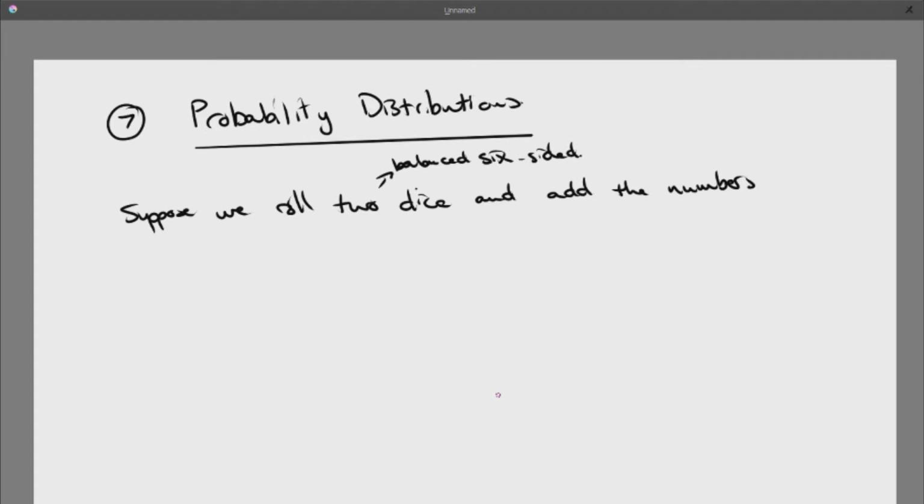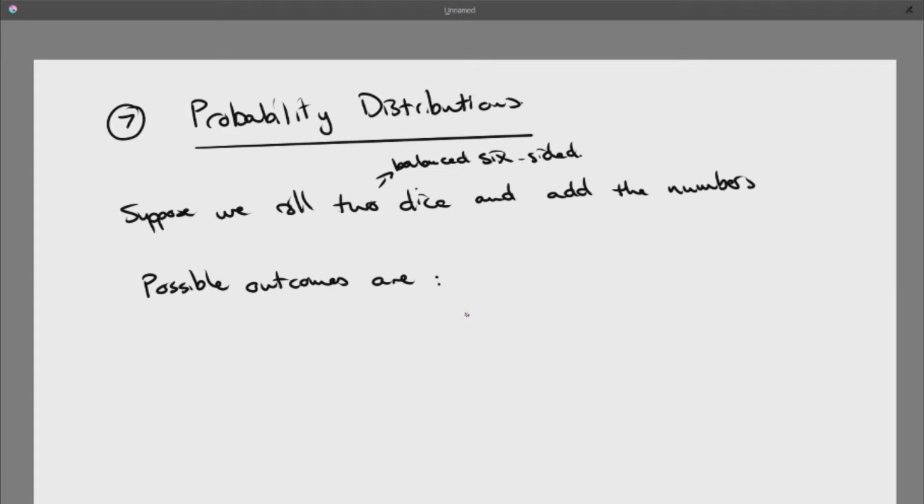So the experiment is that you do this and you write down only the answer when you add the numbers. And you see what kind of results I can get. So the possible outcomes are what?